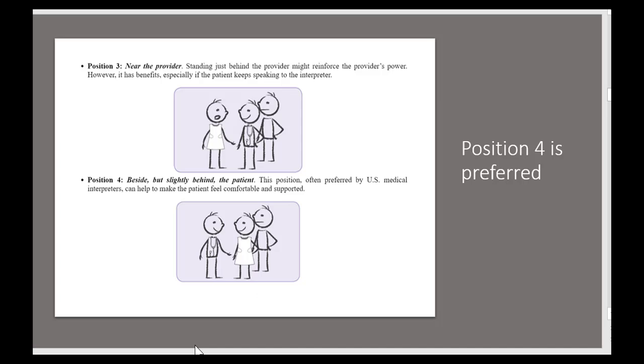One of the examples it mentions is if the patient keeps turning to you, so that you are standing in the preferred position, slightly behind the patient and to the side, and the patient keeps turning to you every time you speak or every time they speak. In that case, the goal of this rule is not being met.